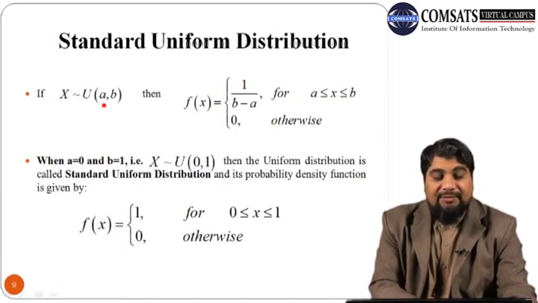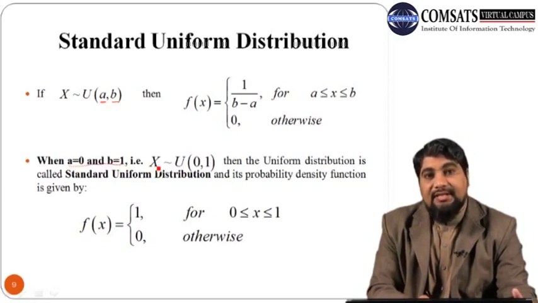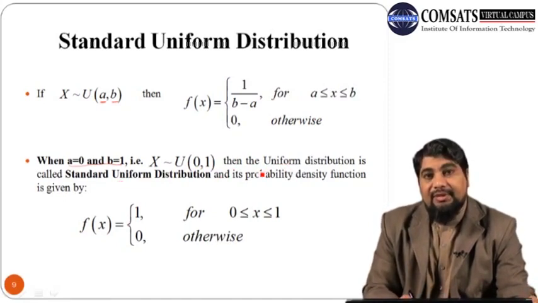But when a is 0 and b is 1, that is, x is a uniform random variable between 0 and 1, then this uniform distribution has a special name, and it is called standard uniform distribution.